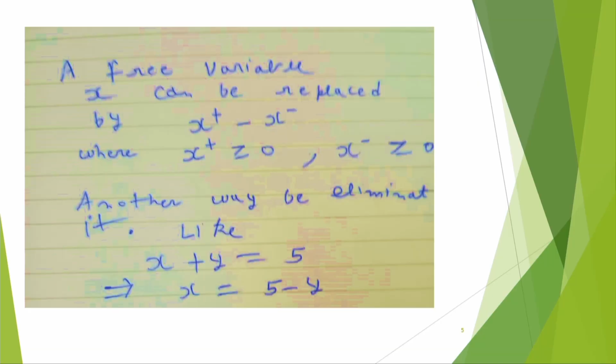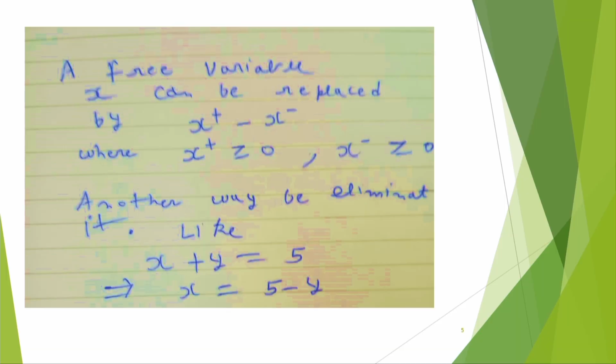Now another thing, again I am highlighting, I have been doing that. Suppose you have a free variable x, x is unrestricted, it is also called a free variable. It can be replaced by x plus minus x minus. That means x plus is greater or equal to 0, x minus is greater or equal to 0, both are positive. So for example, suppose x is equal to minus 7.